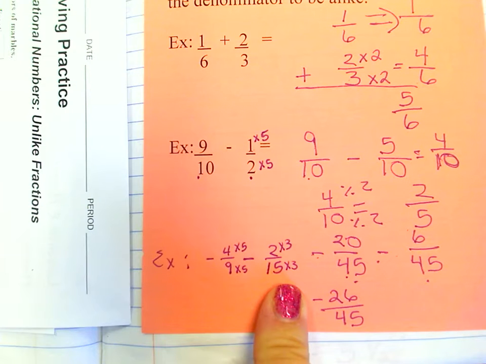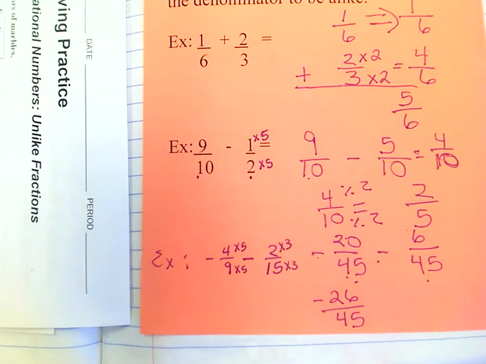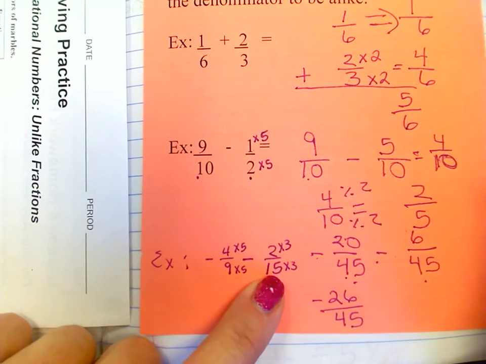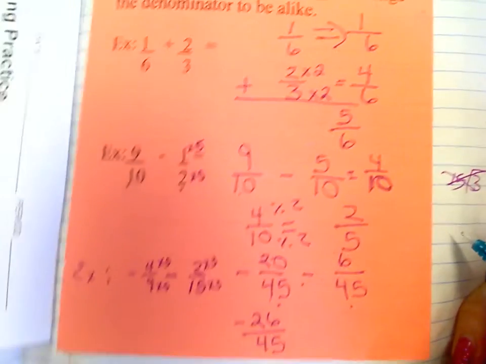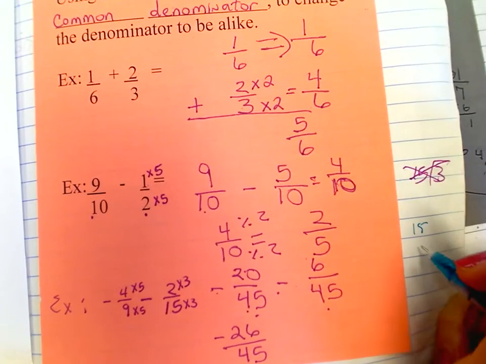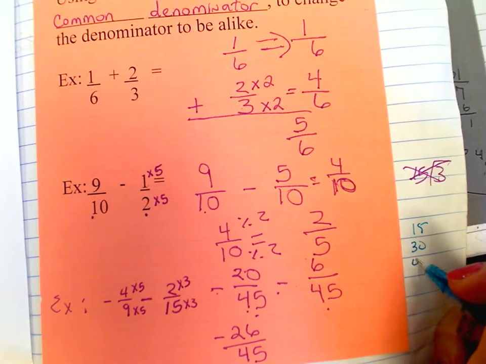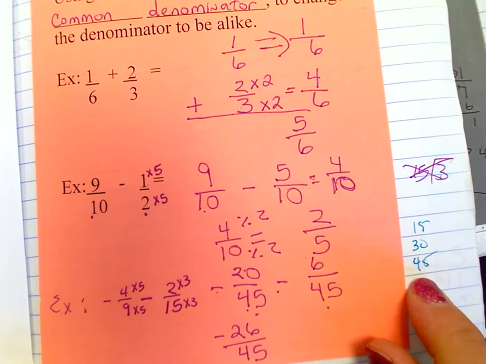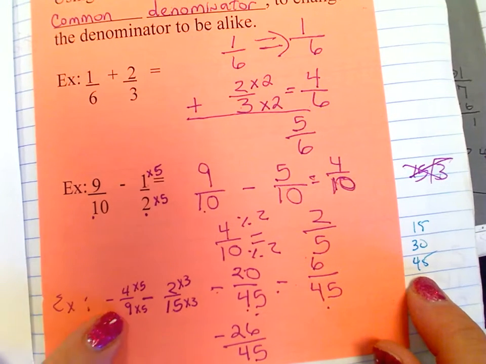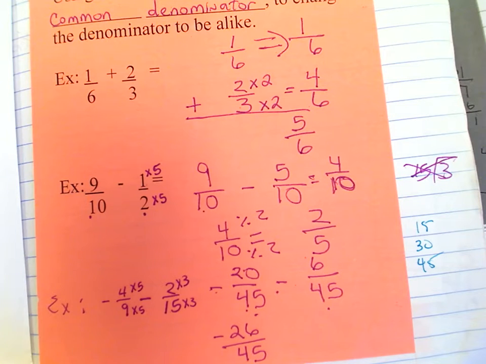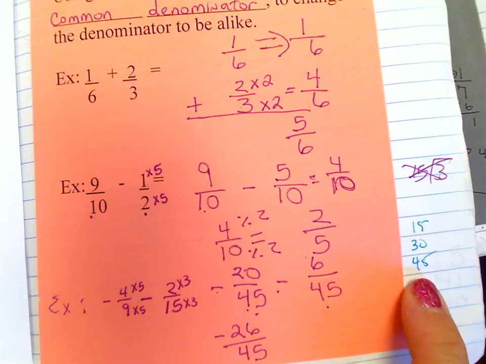So that's going to be your least common denominator. And if you have questions on how to find it, just list your numbers over here. So it'd be like 15, 30, 45. Well, I know 45 is divisible by 9. So 45 is going to be your least common denominator.